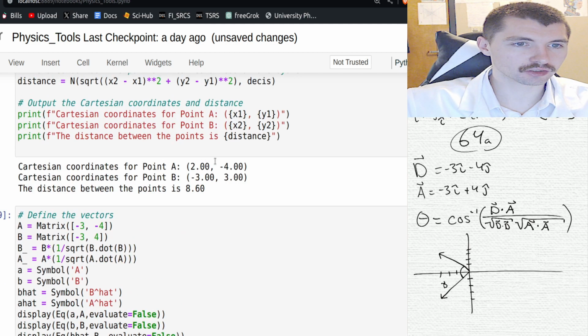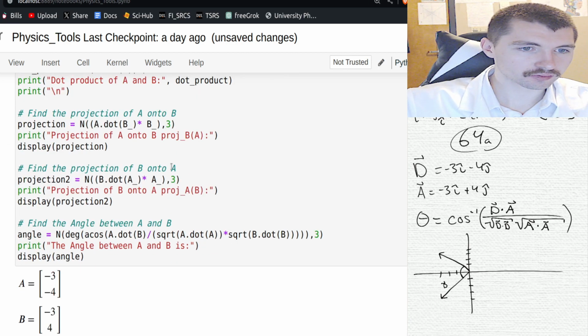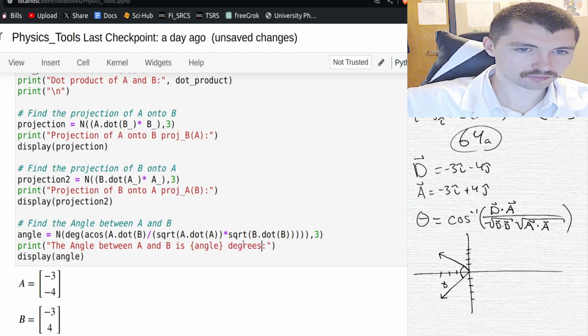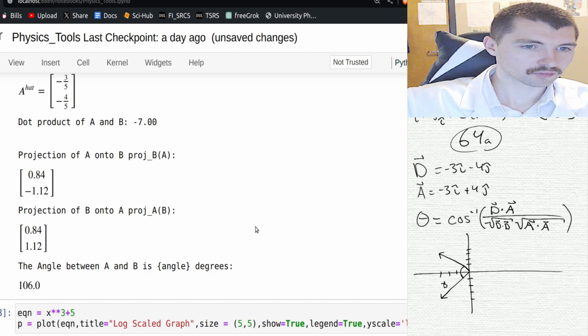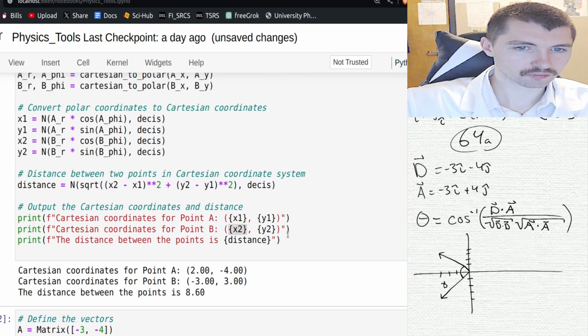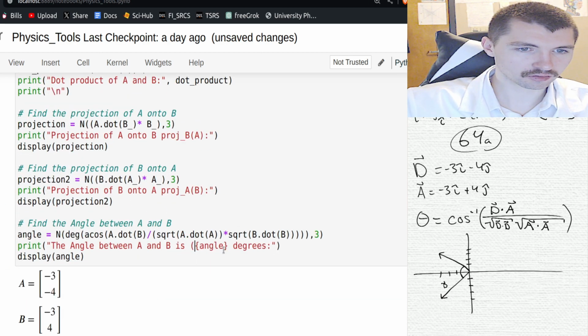And I want this to be like that. Do I need parentheses?